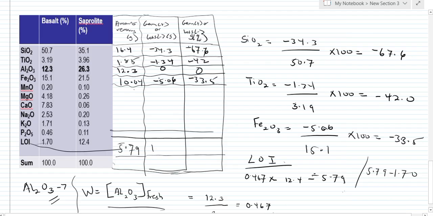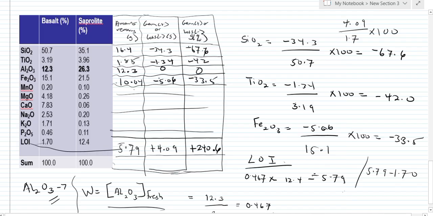So we have plus 4.09. And the percentage is simply 4.09 over 1.7 times 100. That's 240.6. So we have plus 240.6. Yeah, so you do that for the remaining.